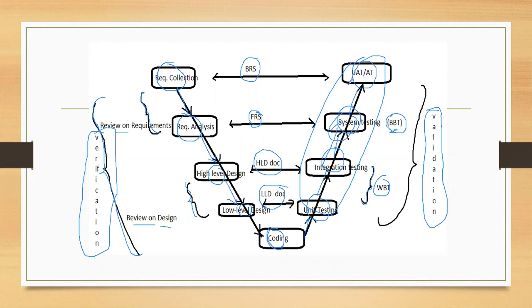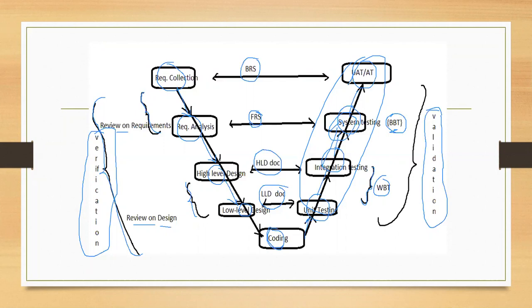We can do it on the application, on the source code, as well as on the application front end. The common thing here is that on source code we can do verification activities as well as validation activities. Both activities we can do.